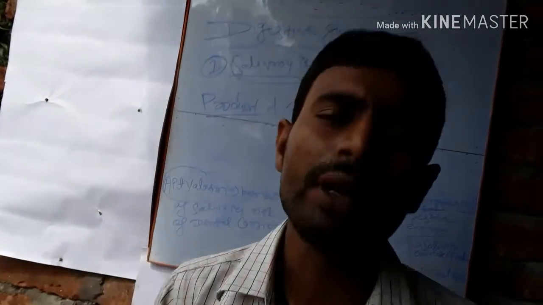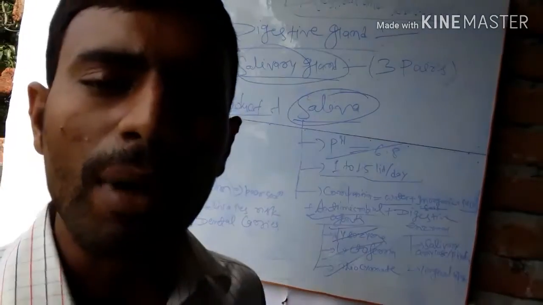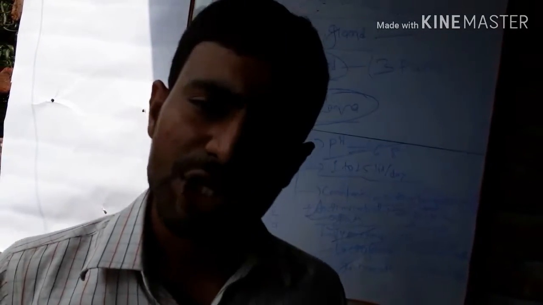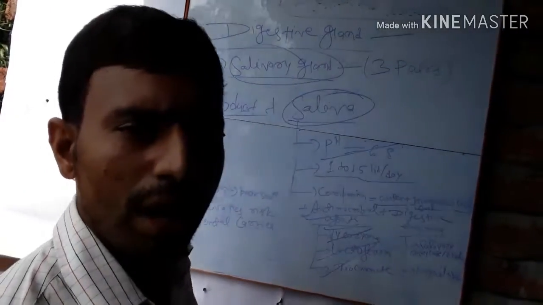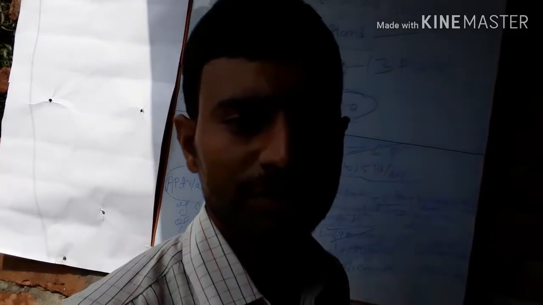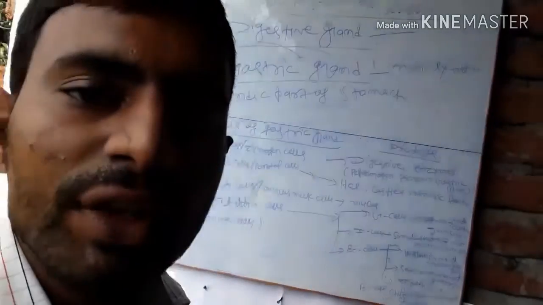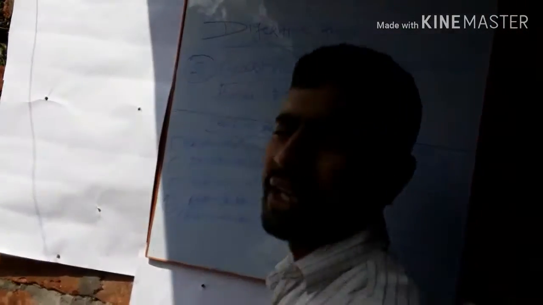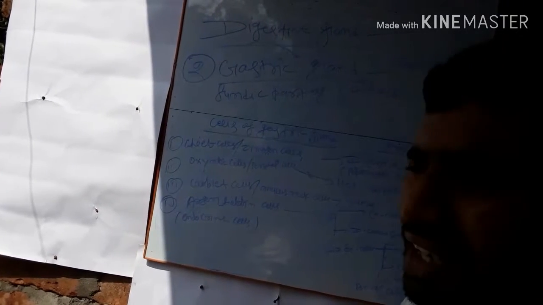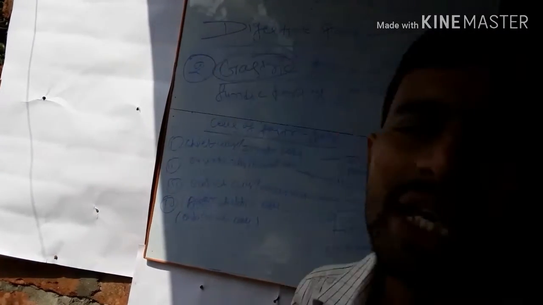Now we will study the gastric gland that is present in the stomach, because gastric means stomach, so gastric gland means stomach gland, and it produces gastric juice.